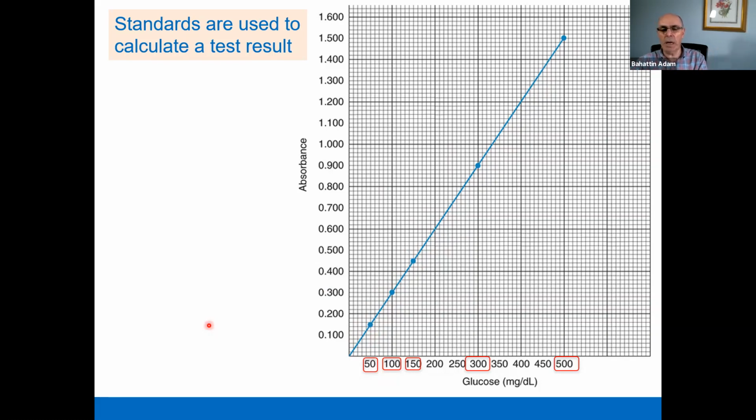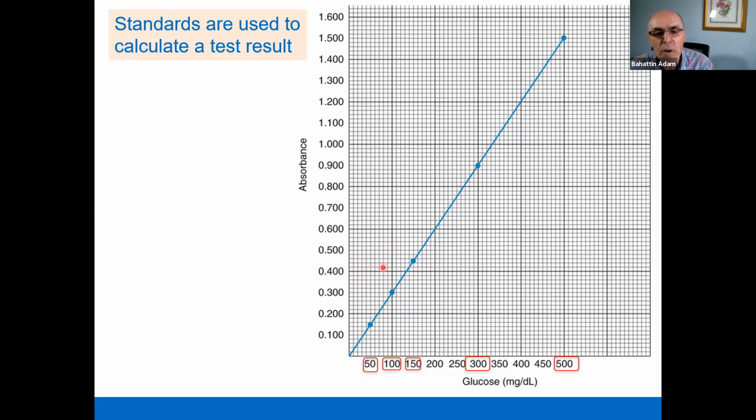What I'm going to do is measure the absorbance of the patient samples. Let's say I measured 0.45, the absorbance of the unknown samples.